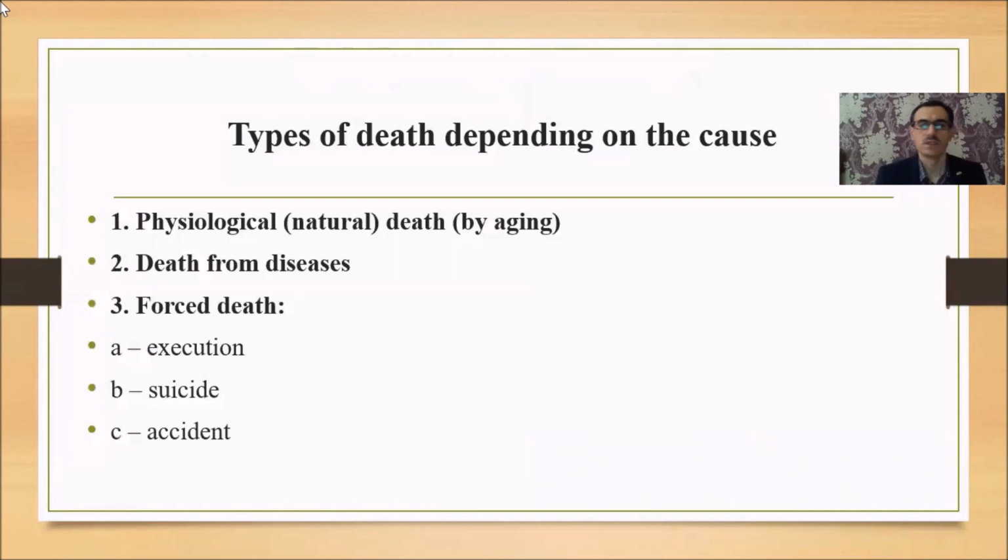So let us now discuss the types of death. In life, you know, there are 3 types of death. First, we can call it physiological or natural death. People will live many years, until 100 years, even 110, 120, 130 years, and then they die.